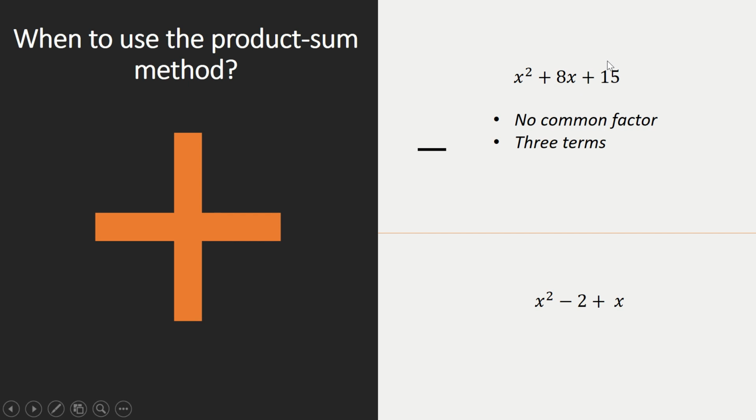Those are 3 different things. No like terms, we may not add them, so there are 3 terms. With the other one as well, we have no common factor. Yes, this is an x and this is an x, but this is not an x. And again, 3 terms. We have an x squared, a minus 2, and a plus 1x.